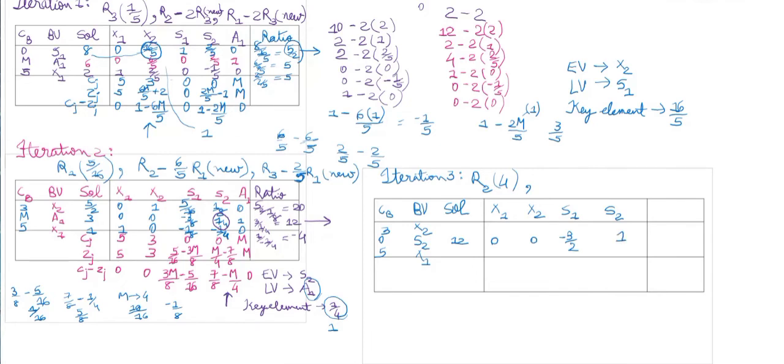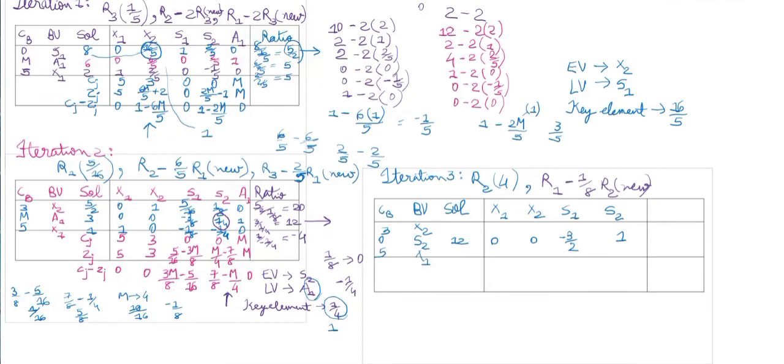Now as you can see over here, we have 1 by 8. We have to make it 0. So we'll perform a row operation like this: R1 minus 1 by 8 into R2. And another operation we'll perform is for minus 1 by 4. We have to make it 0.